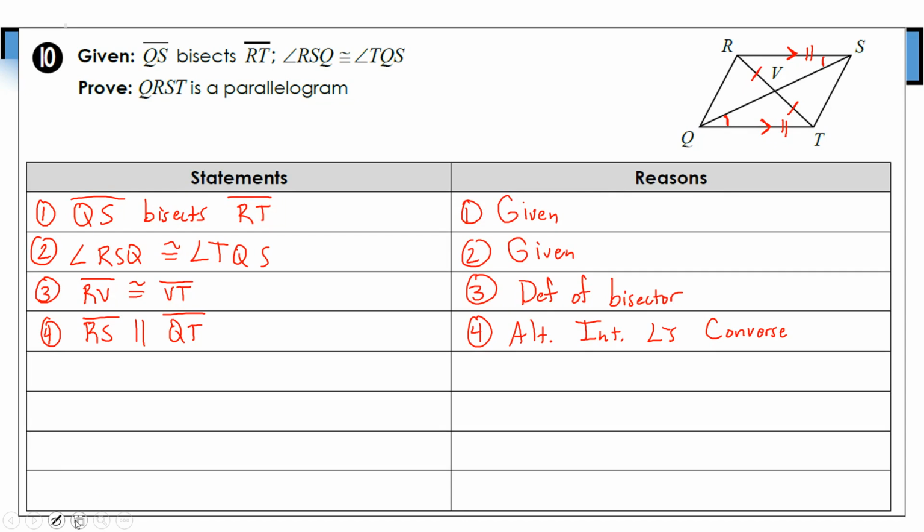Well, one way to prove that they are congruent, I'm going to erase those markings because we haven't proven it yet. But one way that we could prove that, if we can prove that triangle 1, for lack of a better name, is congruent to triangle 2, then using CPCTC, we can show that RS is congruent to QT.